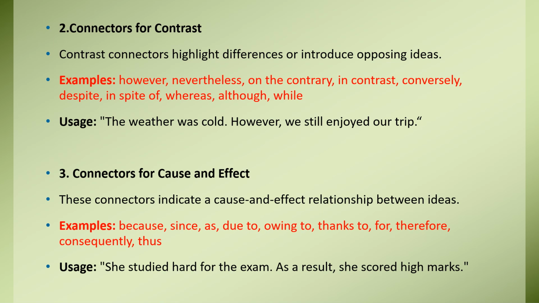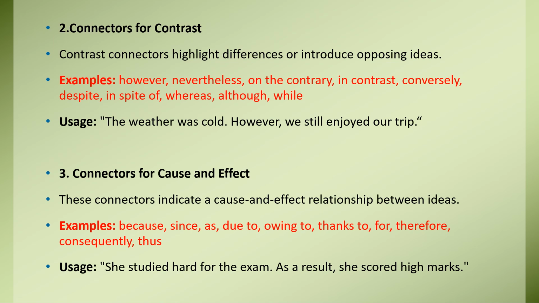Now, how can you use them in a sentence? The weather was cold, however, we still enjoyed our trip. So this is contradicting information. Although the weather was cold, we still enjoyed our trip. You can even write like that.